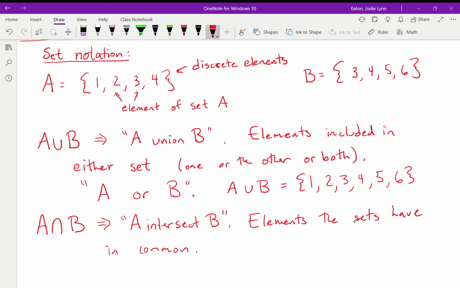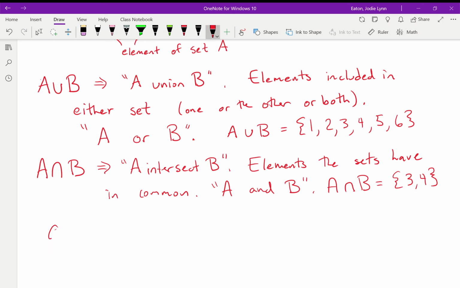So in this case, A intersect B, and we would say here, this would be A and B. So the mathematical and talks about elements that are in both sets at the same time. So we have A intersect B is the set of numbers just 3 and 4. Those are the only numbers that appear in both sets.